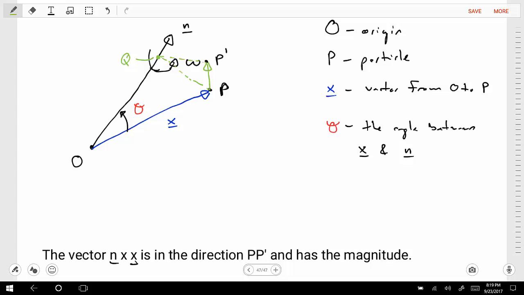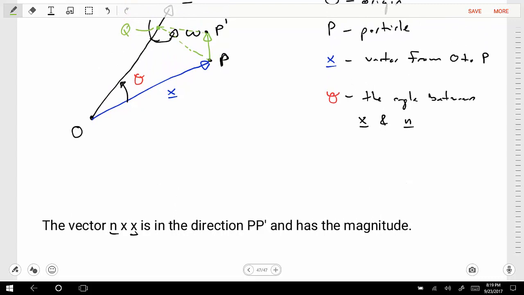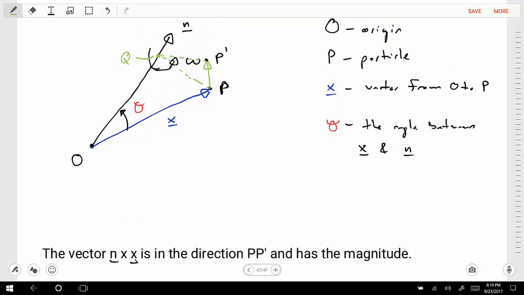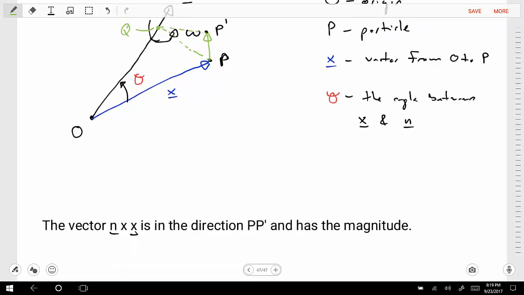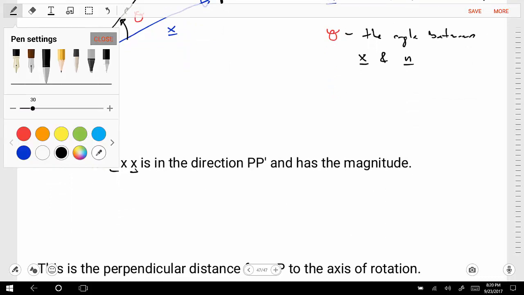So we can actually define this distance from our origin along the axes of rotation, right? So the vector that is the cross product of n and x is going to be directed from P to P prime. And it'll have the following magnitude.